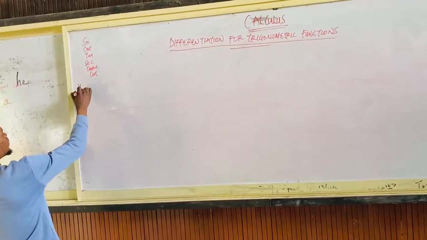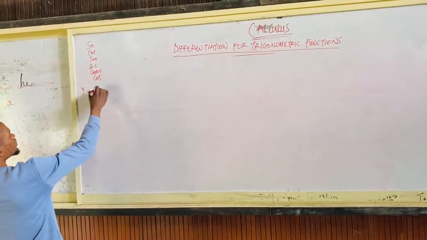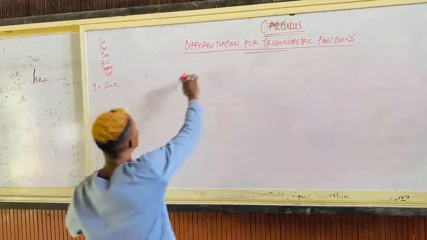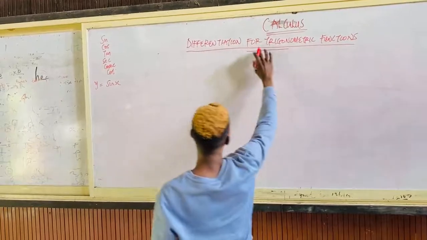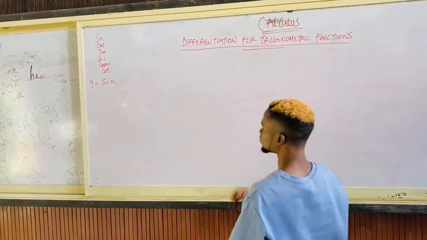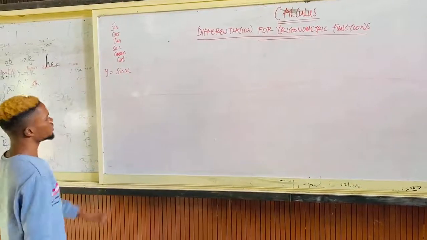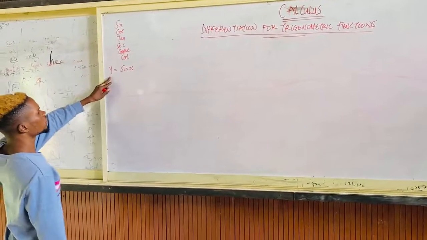Now let's start with sine. Let's say y is a function of sine x. If y is equal to sine x, how do we find the derivative coefficient of this differentiation for trigonometric function? Using first principle, if there is an increment in x, there will be an increment in y.